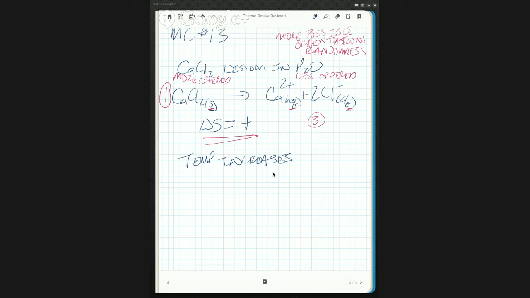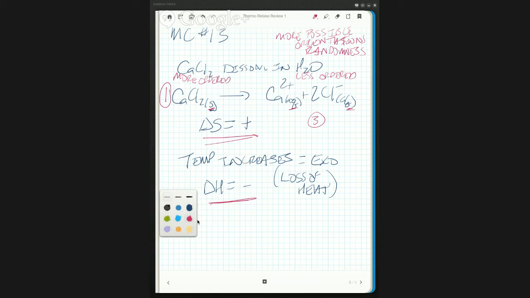If the temperature increases, that's exothermic. If it's exothermic, then delta H would have to be negative, right? Negative is loss of heat from the reaction. So if that is the case, then we know that the delta H is going to be negative. And now we have to look at delta G.